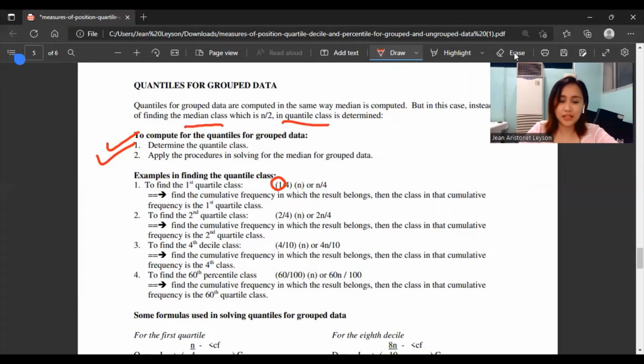So find the cumulative frequency in which the result belongs, and that cumulative frequency is the first quartile class. For the second quartile class, that's 2 over 4, because that's quartile, times n, the total number of data. Same with the other quantiles.